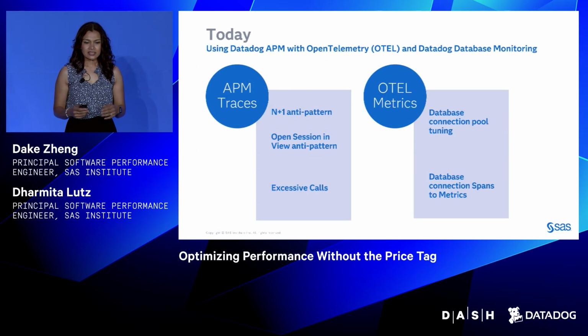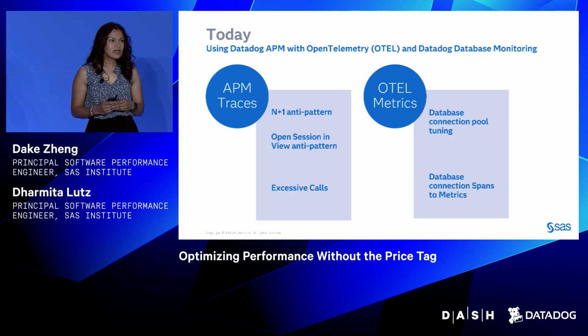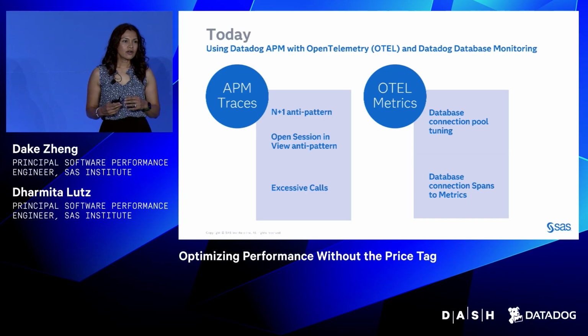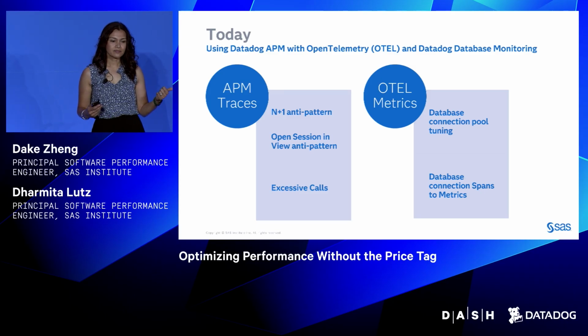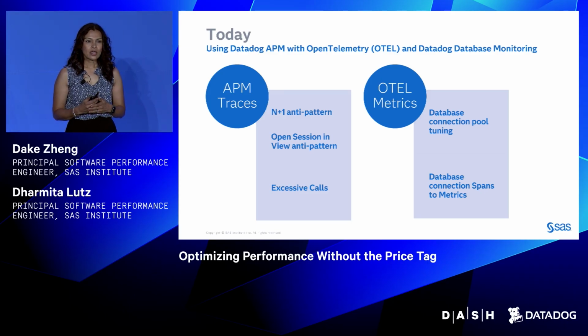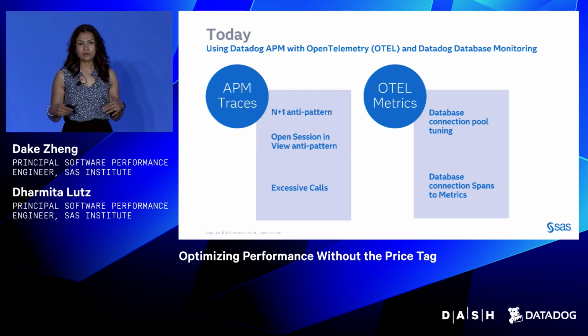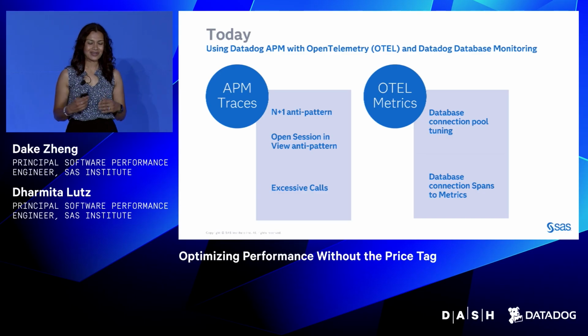So what will we be covering today? Today we'll show how we use Datadog APM traces to understand code inefficiencies. We'll talk about how we discovered N+1 anti-patterns, as well as the open session and view anti-pattern. We'll also talk about how we were able to get to the root cause of excessive calls in our database in our code base.